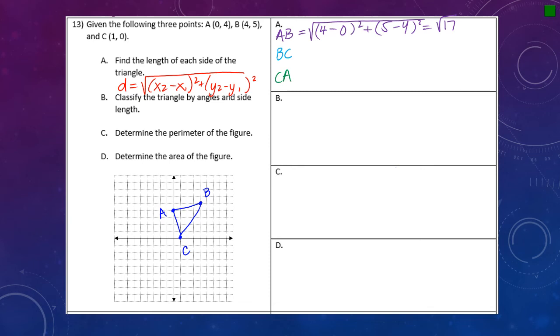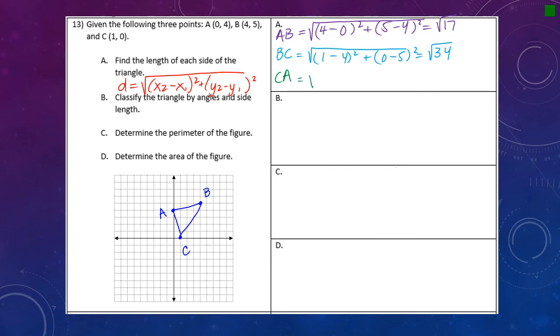It doesn't simplify, so we're just going to leave it how it is. For side BC, I have 1 minus 4 for my x2 minus x1, and then 0 minus 5. This comes out to be the square root of 34 after you simplify.